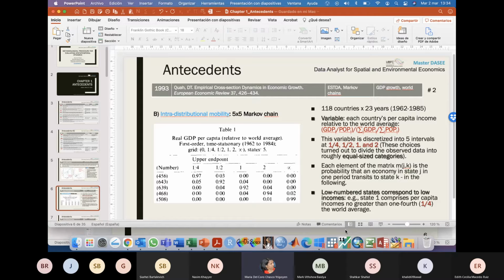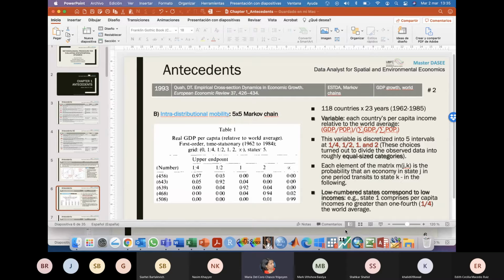Sometimes in these kinds of analyses, the variable is relative to a general average. In this case, since we have countries, the per capita income of each country is compared with the world average. So we are always analyzing this mobility in relative terms.